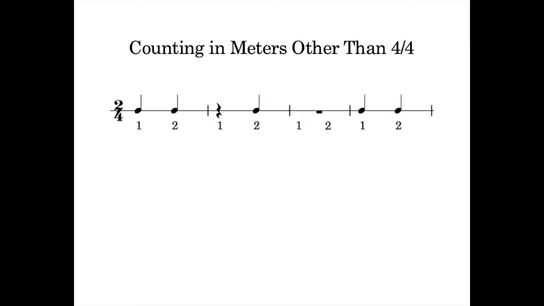If we have a different number of beats in a time signature, we just use that number of beats for our cycle. For example, in 2/4, 1, 2, 1, 2, 1, 2, 1, 2.